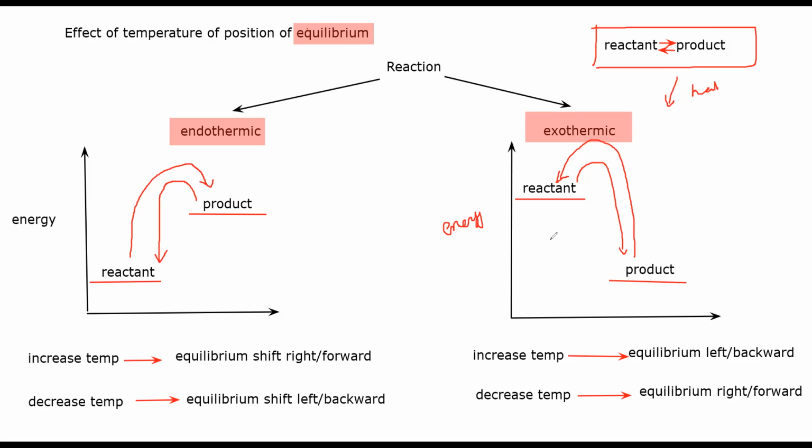Reactant. So most of the energy is lost by the reactant, and as most of the energy is lost by the reactant, what will it form more? It will form a greater amount of product. Because when the energy is removed, the reactant loses its energy, and because the product energy is low, it will turn into product.